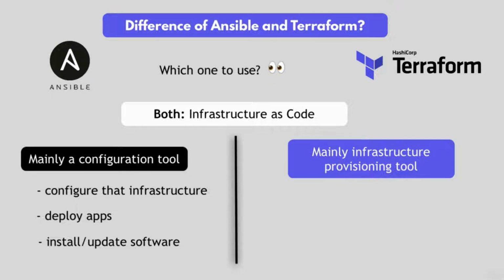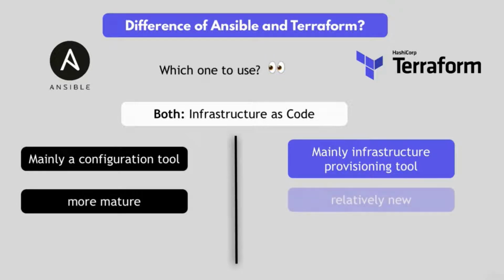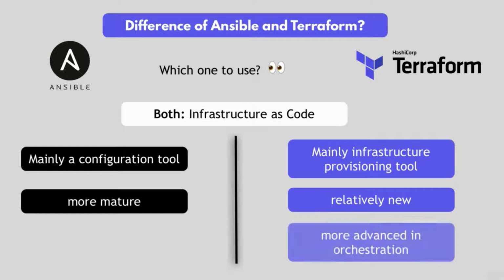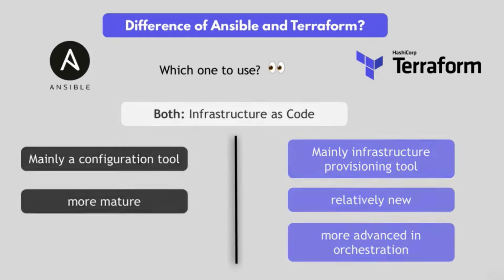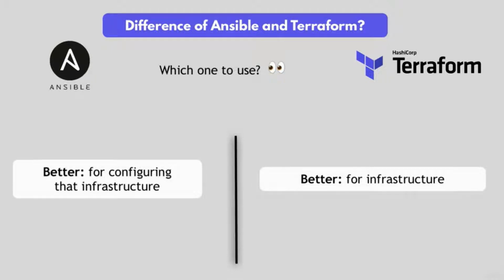Other differences to consider in terms of those overlaps are that Ansible is more mature and Terraform is relatively new, and because of that, it's also changing dynamically. And Terraform is much more advanced in orchestration. So to summarize the difference, Terraform is a better tool for provisioning infrastructure, and Ansible is a better tool for configuring that infrastructure, deploying, and installing applications and services on it.